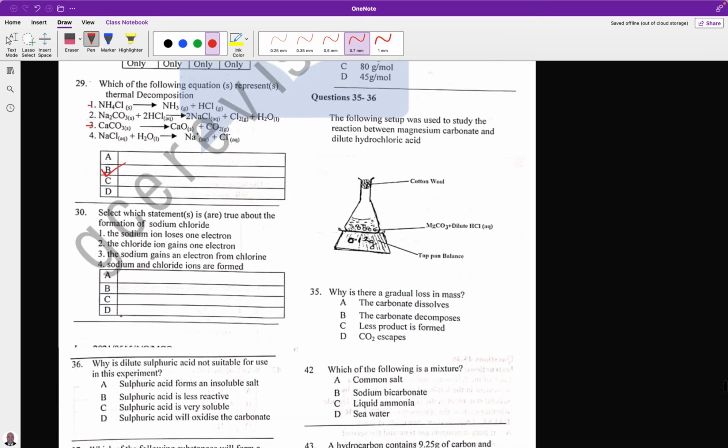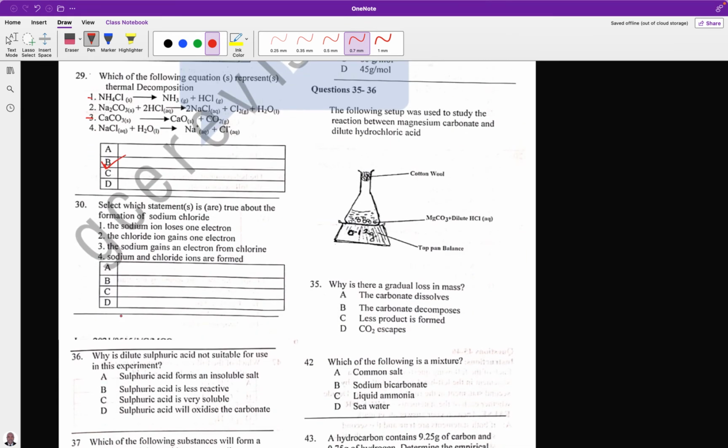Now, question number 30. Select which statement is or are true about the formation of sodium chloride. Sodium ion loses 1 electron.